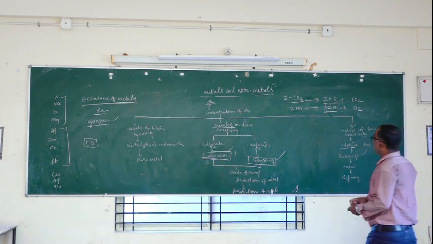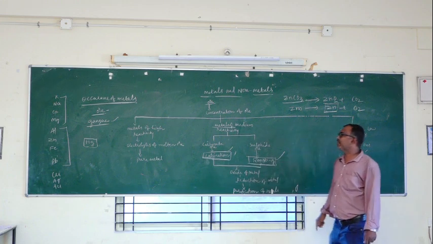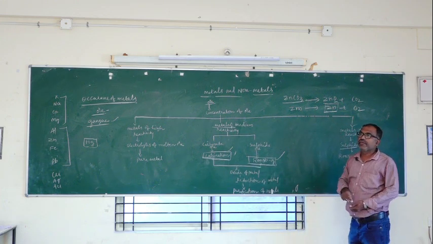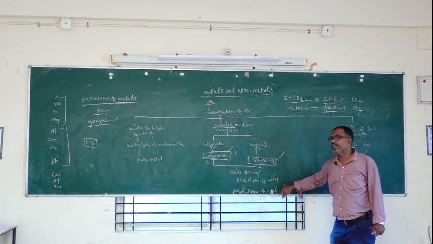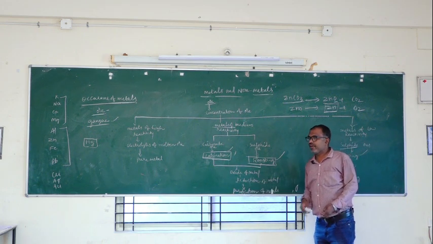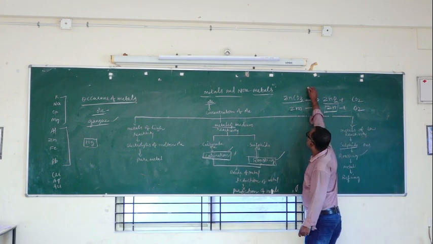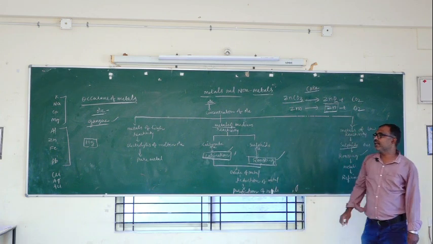So here in the metals of medium reactivity, we are going to use a reducing agent. Here there is a reduction of metal. Here we are going to use coke as a reducing agent.